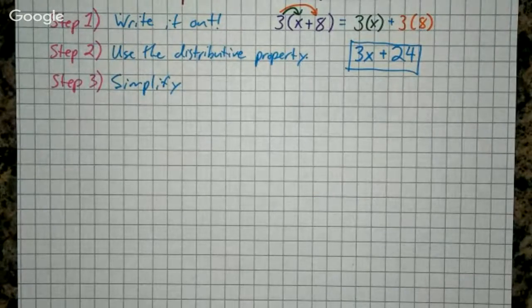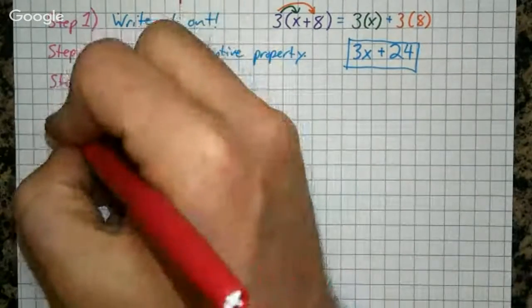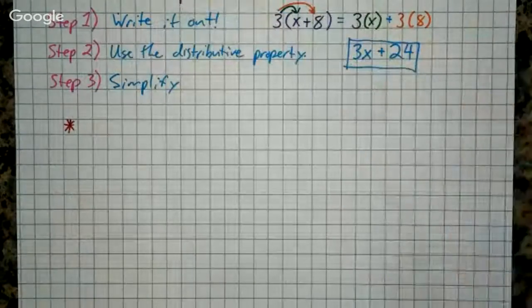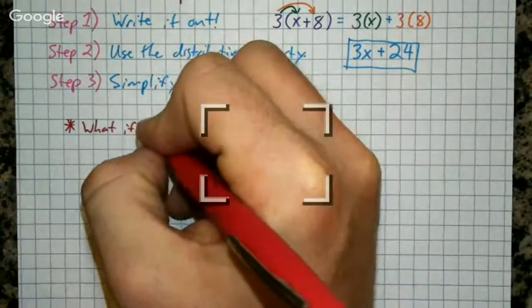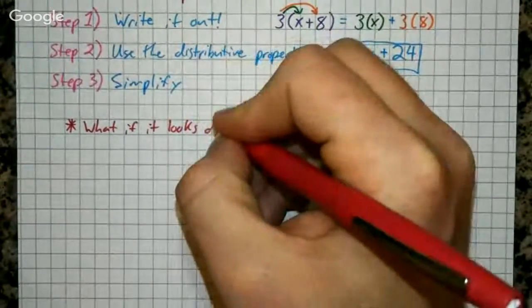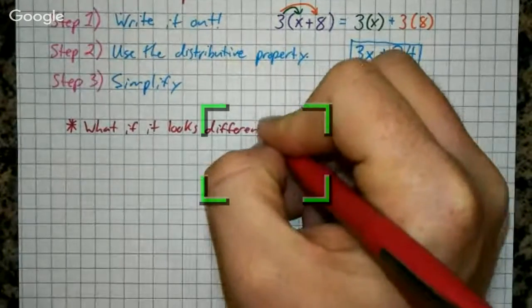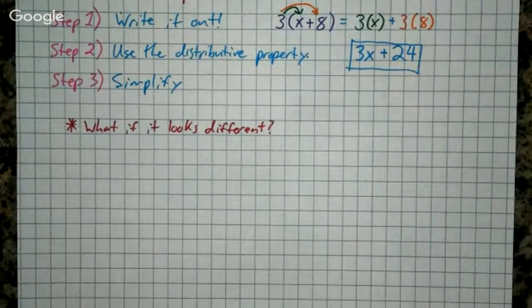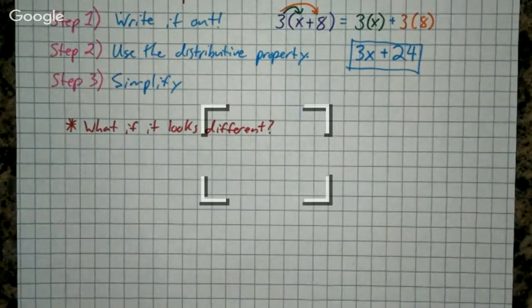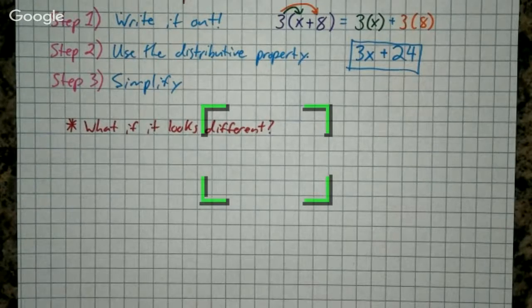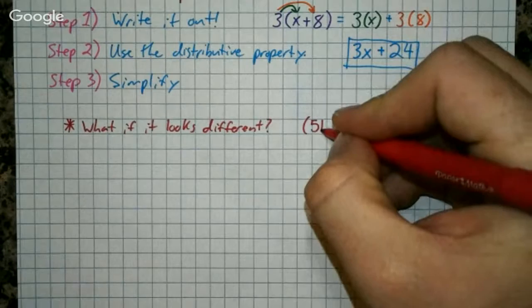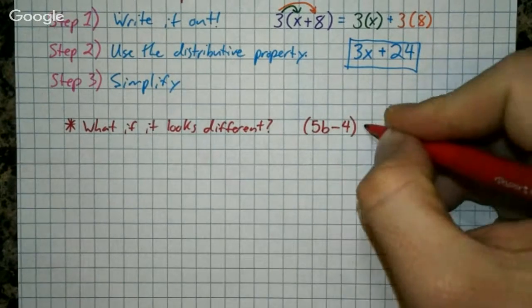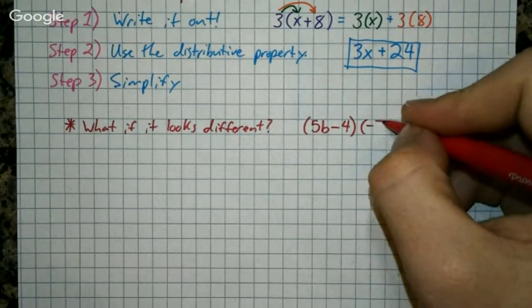But now, what if it looks different? That's the most basic way of solving our distributive property. What if it looks different? What happens if it looks different? What happens if it looks like, let's say, 5b minus 4 times negative 7, the quantity 5b minus 4 times negative 7.